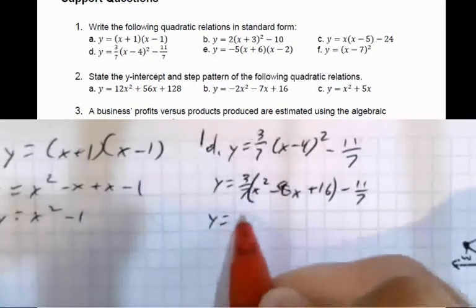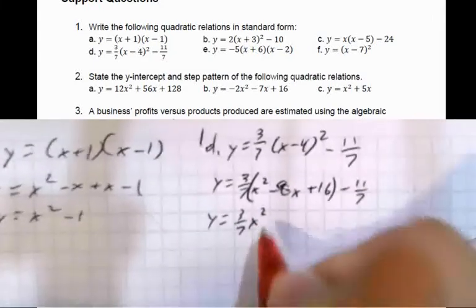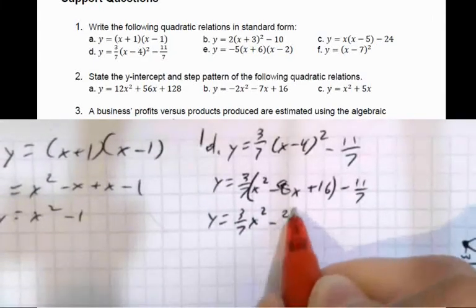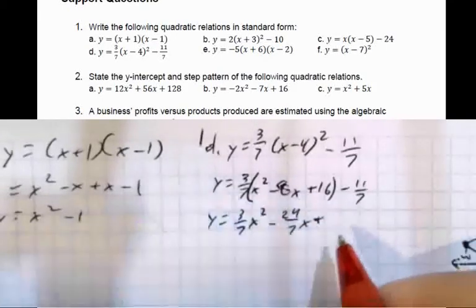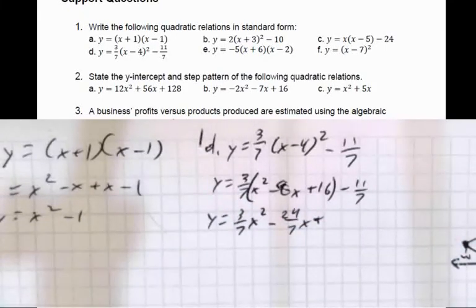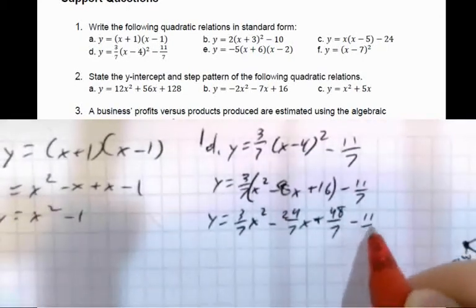And we'll expand this. We end up with 3 over 7 x squared minus 24 over 7 x plus 48 over 7 minus 11 over 7.